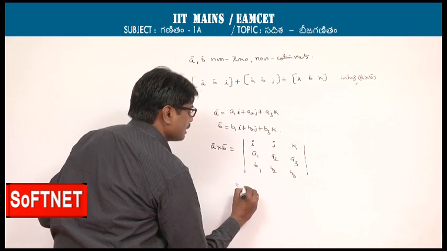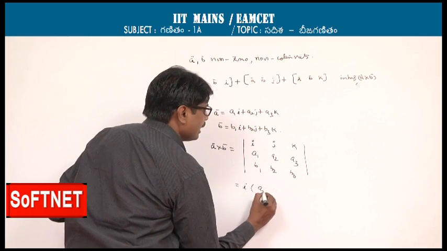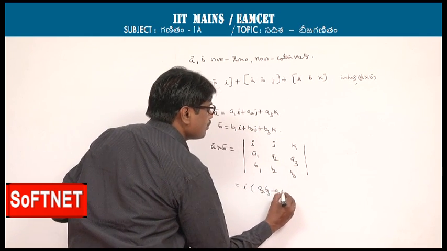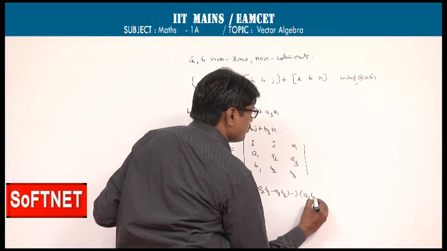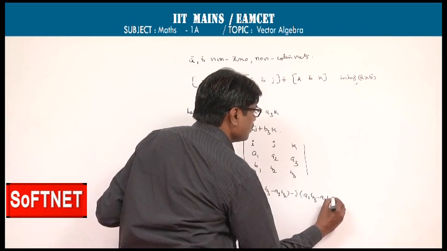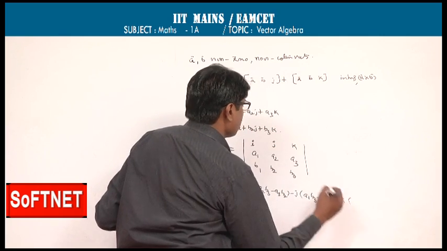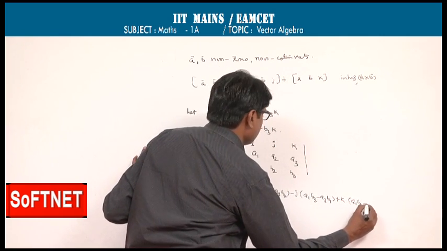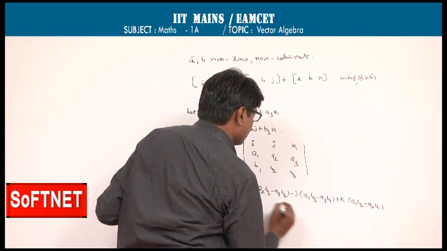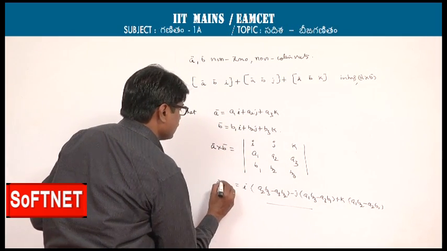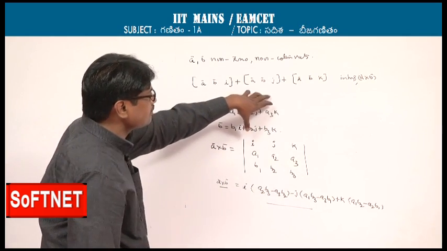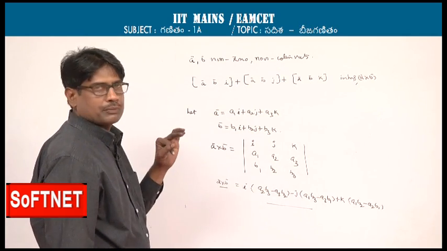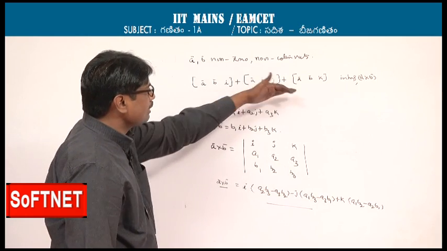Expanded, that is I bar times (A2 B3 minus A3 B2) minus J bar times (A1 B3 minus A3 B1) plus K bar times (A1 B2 minus A2 B1). We put the value of A cross B aside, and express the three box values in terms of A cross B, in the cyclic order given.